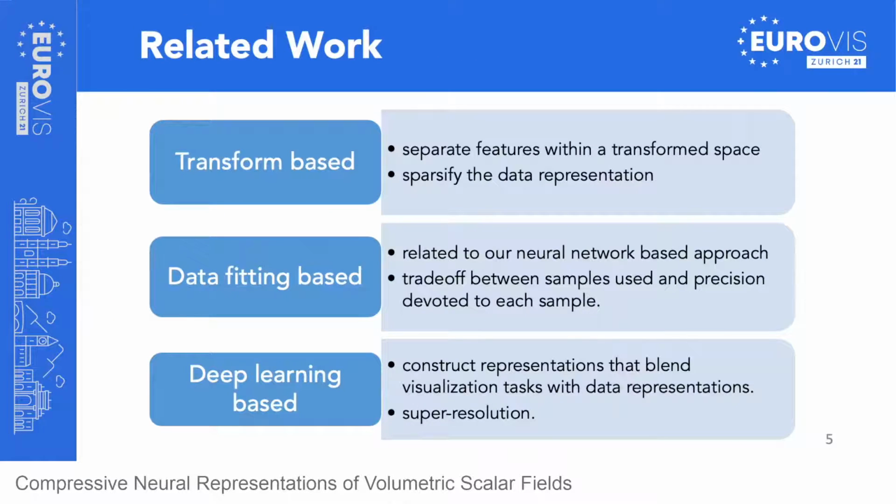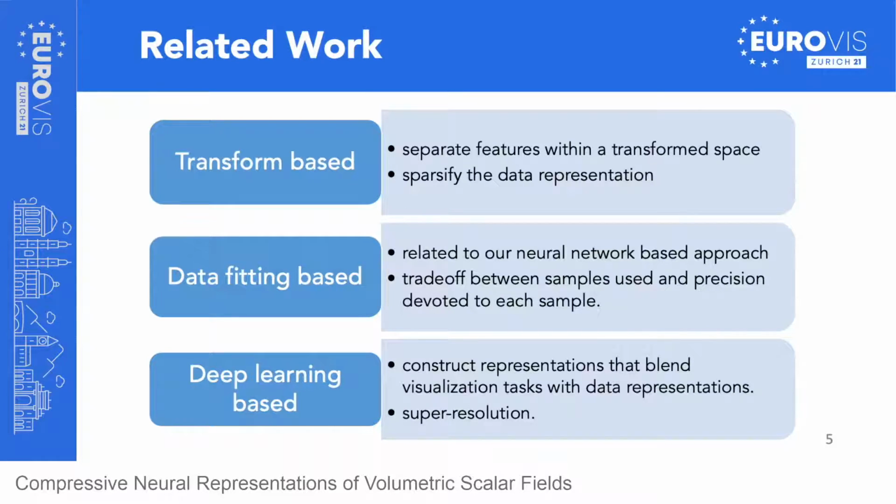In recent years, lossy compression of large-scale volumes has been an important topic, and previous research can be largely divided into three lines. The first is transform-based methods. These techniques enable compression by allowing the end user to separate features within a transform space, which removes high frequencies while preserving low frequencies, and ultimately specify the data representation.